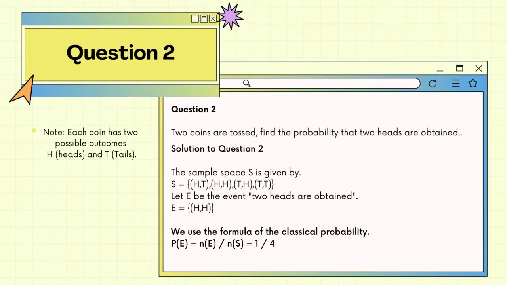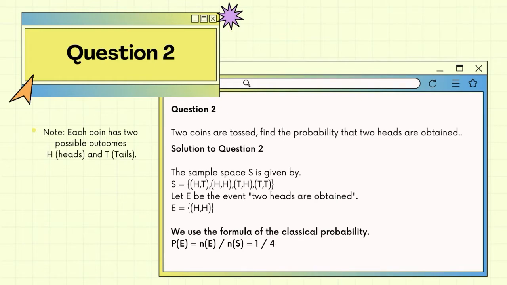Question 2. Two coins are tossed. Find the probability that two heads are obtained. For the note, each coin has two possible outcomes: H, heads, and T, tails. Solution to question 2.